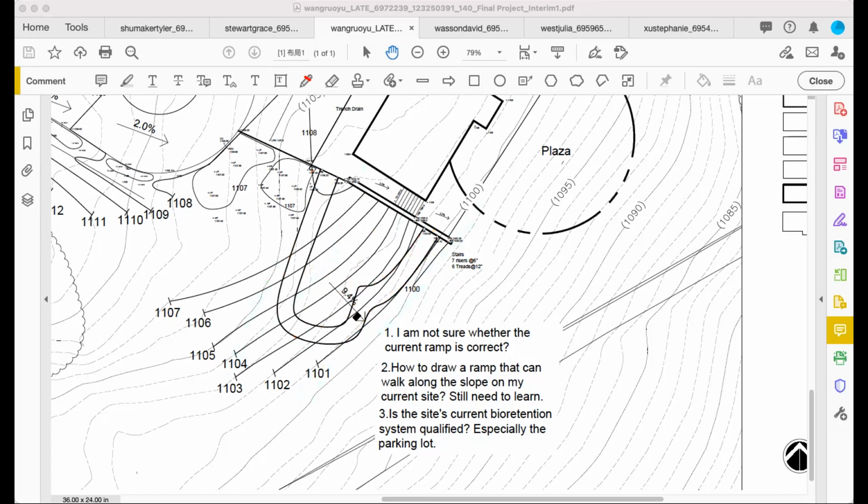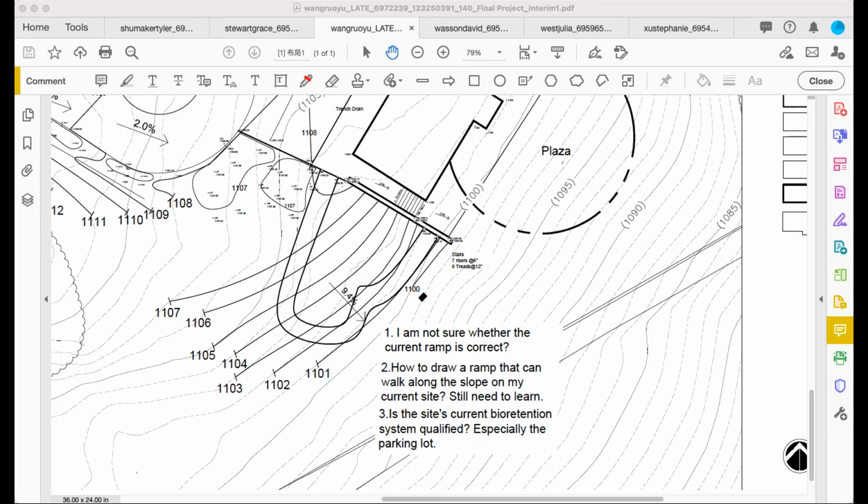So what you need to do is, first you still need to change your plan view layout of your ramp for it to be 200 feet, for it to intersect with the contour at a reasonable angle, and for the experience to be not unpleasant. That's our minimal requirement. Then go back to look at the video. As I explained, lay out the contours.